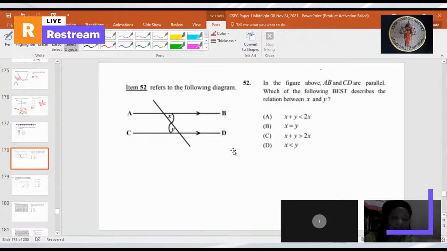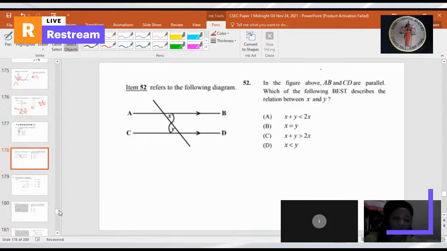Okay. For item 52, referring to the diagram, in the figure above, AB and CD are parallel. Which of the following best describes the relation between x and y?